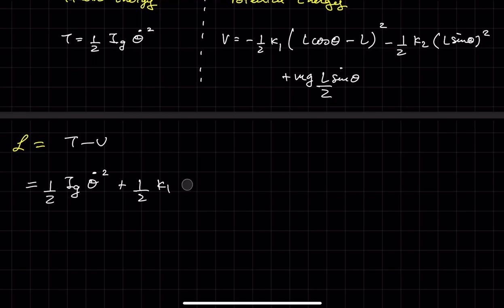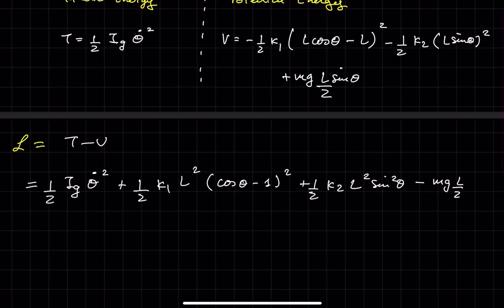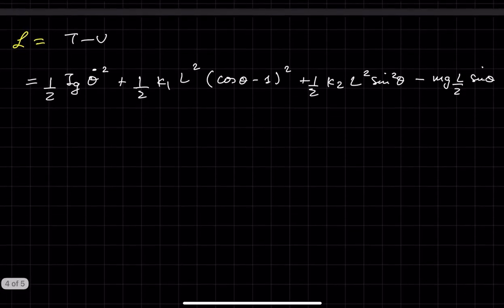Well, I can take it like this, minus L square, and then I have plus 1/2 k2 L square sine square theta, and then I have minus mg L and a half sine of theta. Okay. What is the next step?